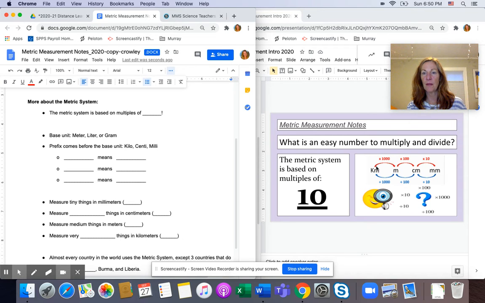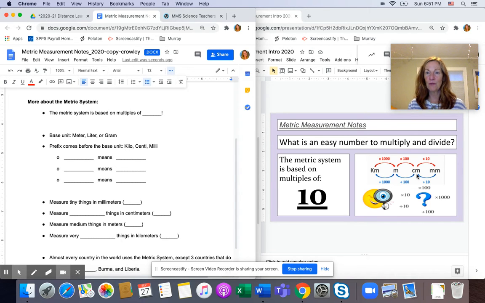So we would multiply by 1,000 because there's 1,000 meters in a kilometer. And then here we have centimeters. So there are 100 centimeters in a meter. So we multiply by 100. And then there are 10 millimeters in a centimeter. Now, you don't have to memorize this. It's just to know that the metric system is based on units of 10.